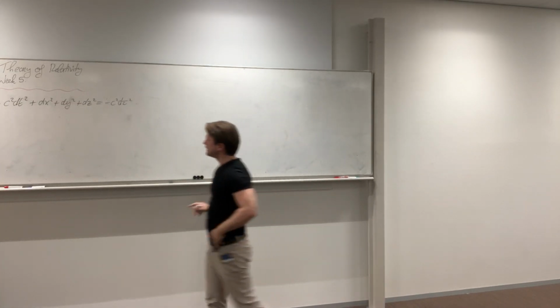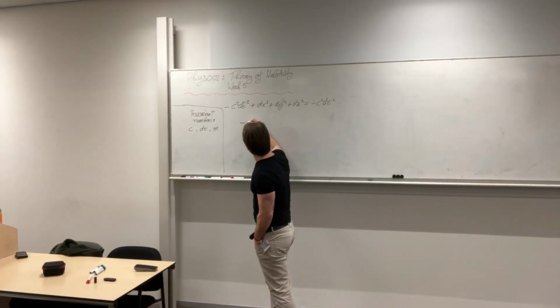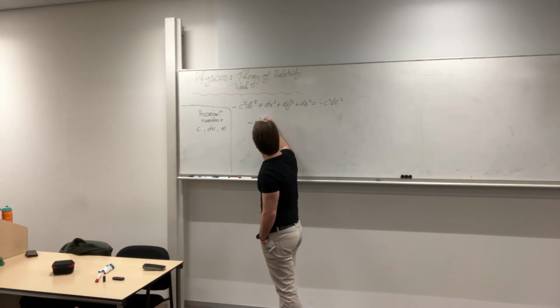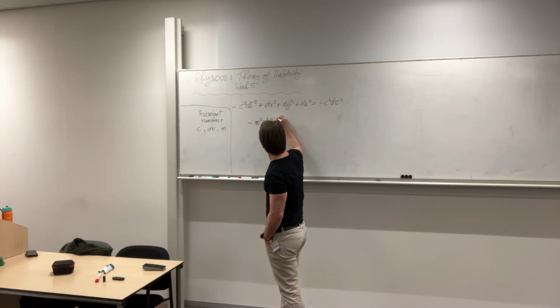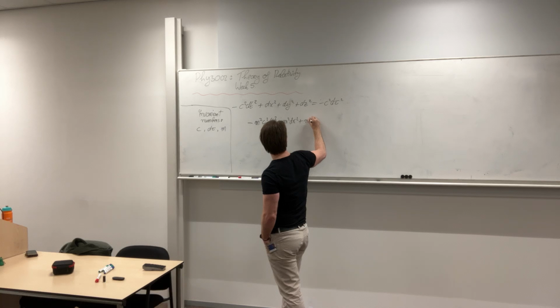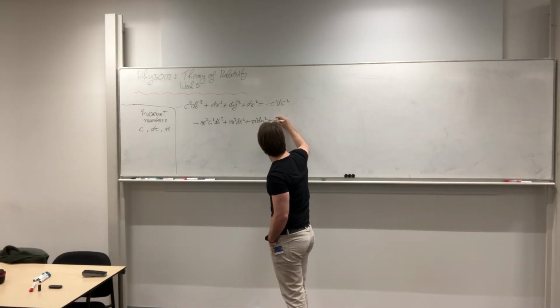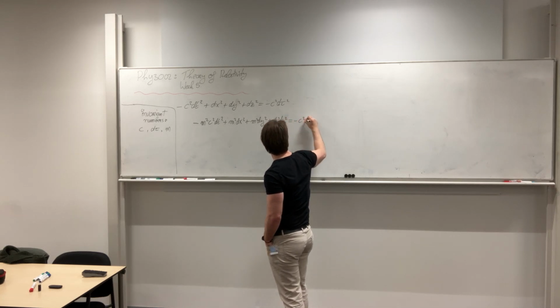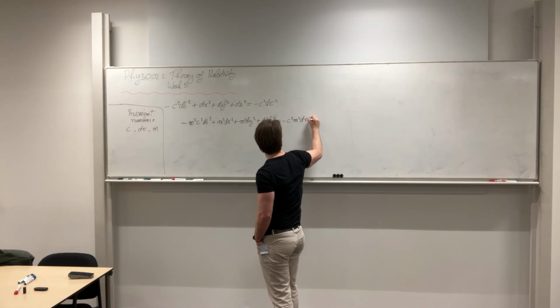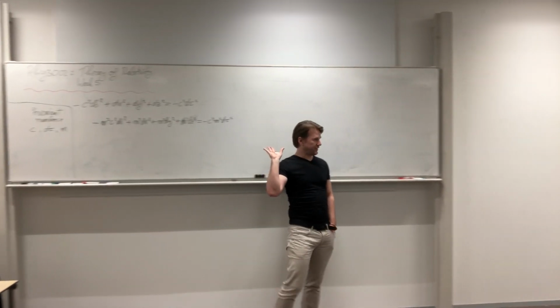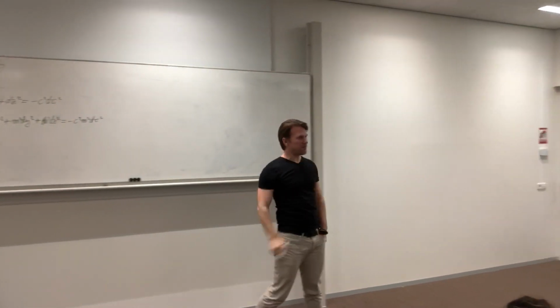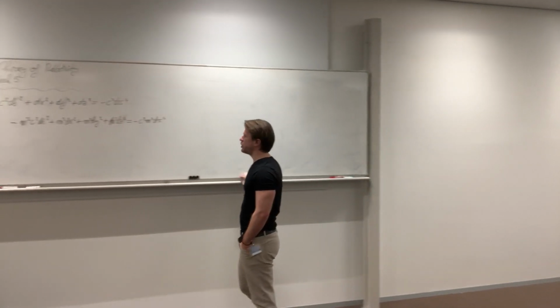First of all, I'm happily going to multiply everything by m squared. It's still invariant, because the only thing I've done is multiplied with an invariant number, no problem.